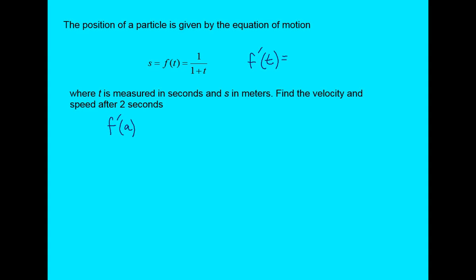You could find f prime of 2 at this point, and that would just give you the velocity at 2 seconds. But I'm going to leave this as a. We know f prime of a equals the limit of f of a plus h minus f of a all divided by h as h goes to 0.